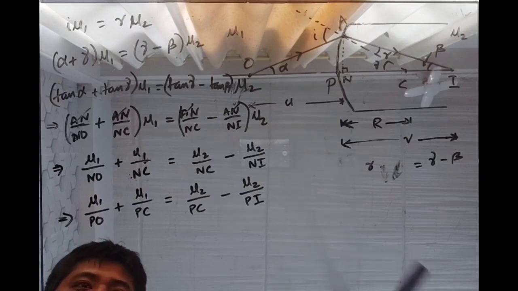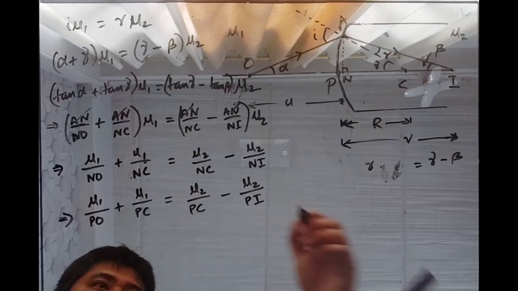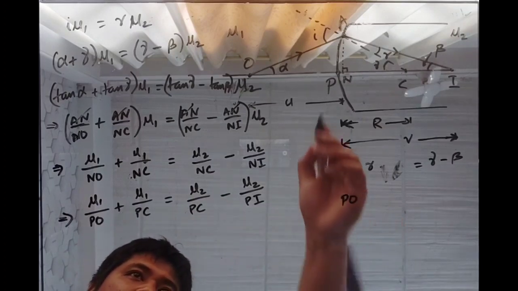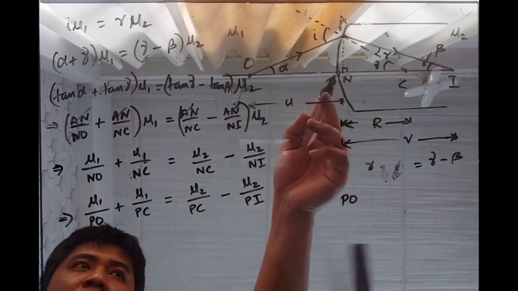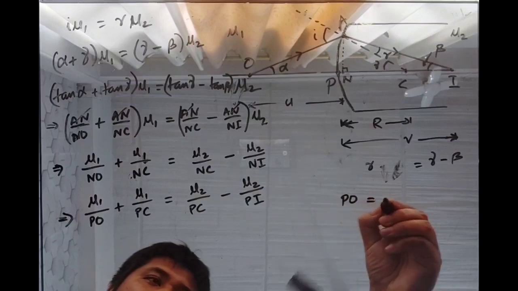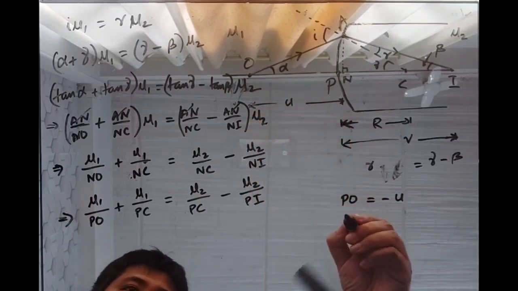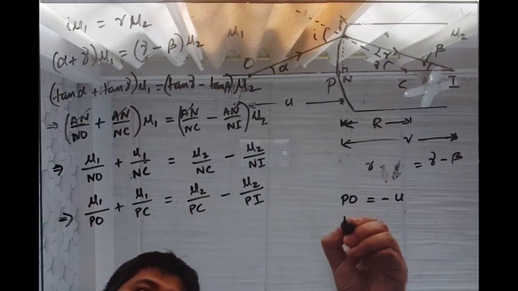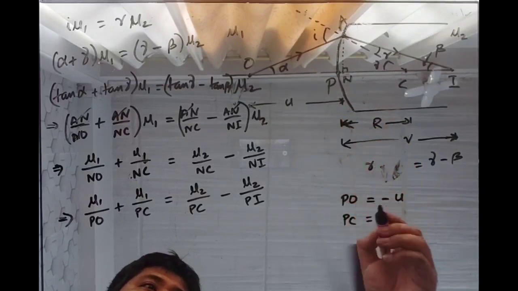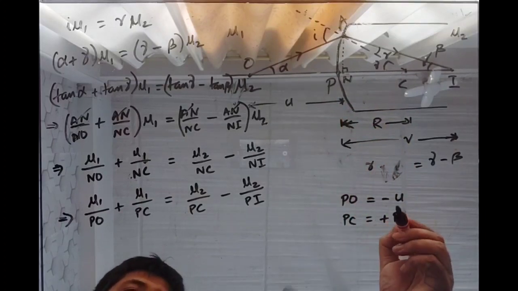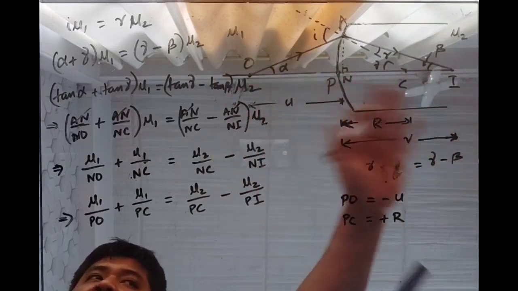Let us apply sign conventions. PO is measured against the incident ray, so PO will be taken as negative. It is U, so PO is minus U. PC is R, which is positive because it is taken along the incident ray, left to right.